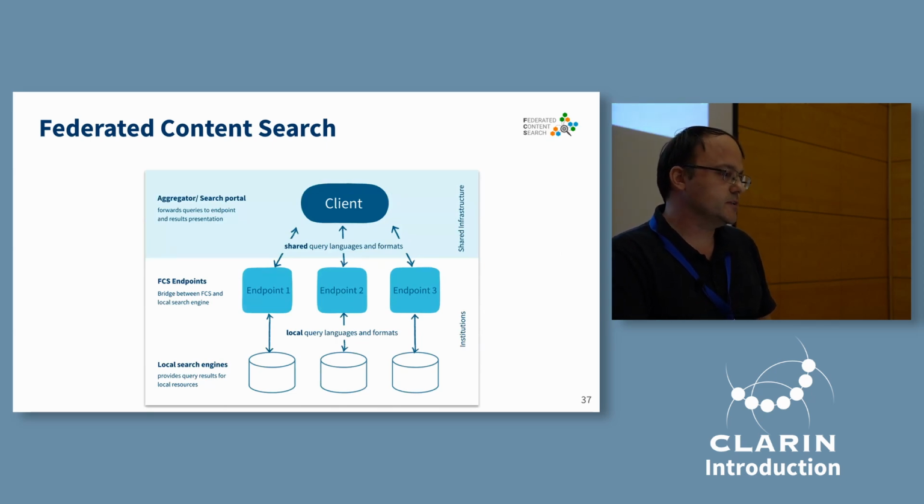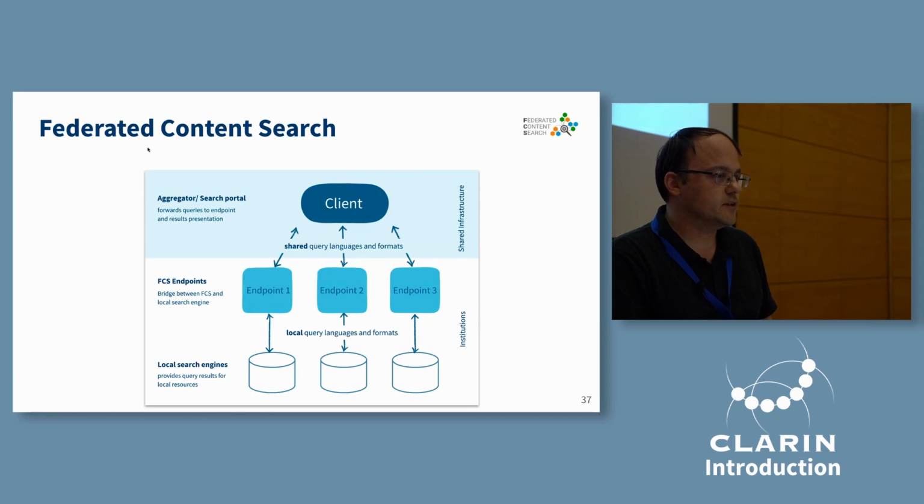This depicts the general infrastructure of the Federated Content Search, and I won't go into detail here, but again, it shows you a bit the general structure of the FCS, especially this layered structure, where you have the local search engines, which are depicted at the bottom, which are at the different CLARIN centers. And on top of it, you have a thin technical layer of so-called FCS endpoints, which are kind of the translators between the local infrastructure at the centers and the overall infrastructure at CLARIN in the FCS, which is depicted at the upper part of the graphic.